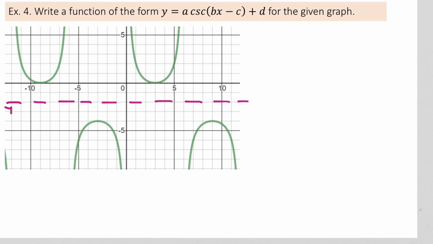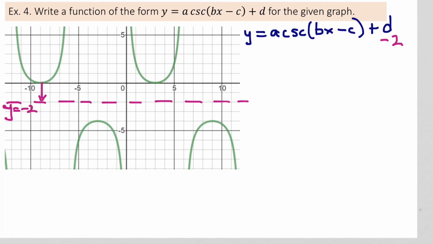So this is my midline. Y is equal to -2. All right, so we have D is equal to -2. From here we can also see that A, this dimension from the midline to the graph, is 2. So we have A is equal to 2.